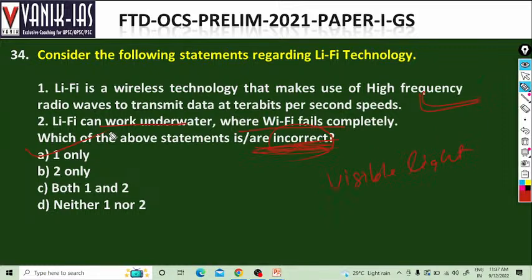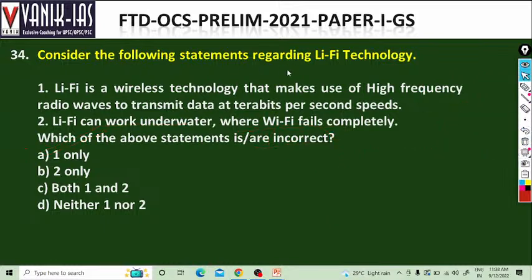Li-Fi provides high-speed internet, but it works on the principle of visible light. So one only is the answer.